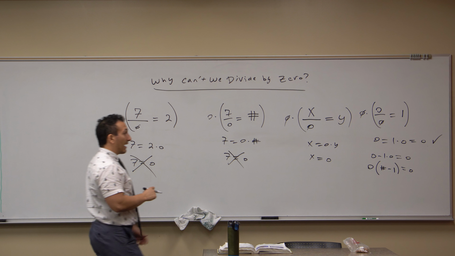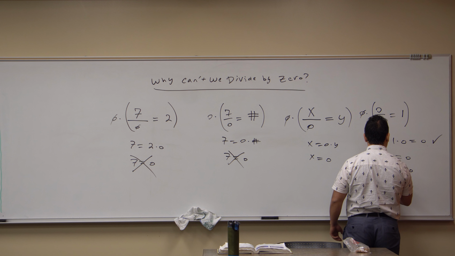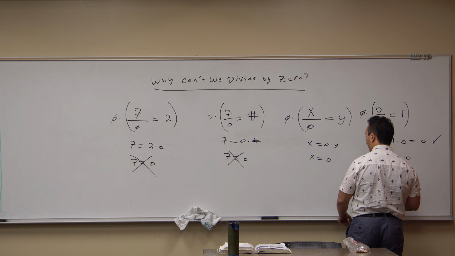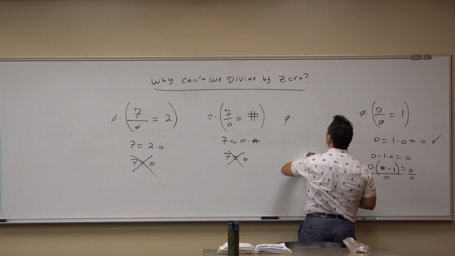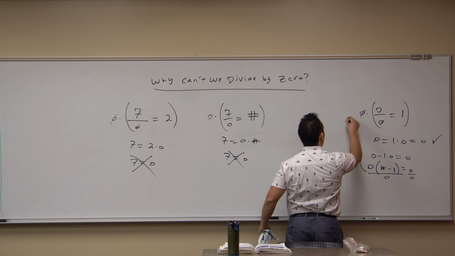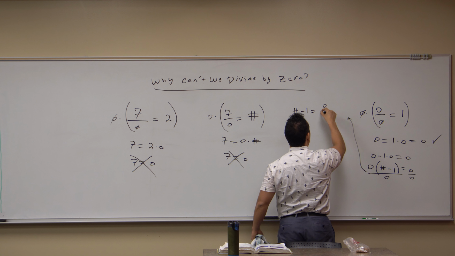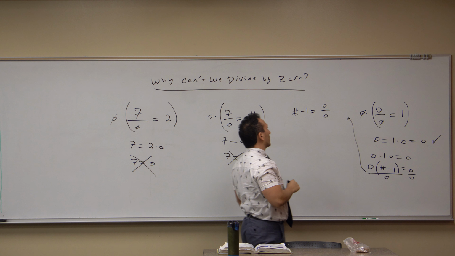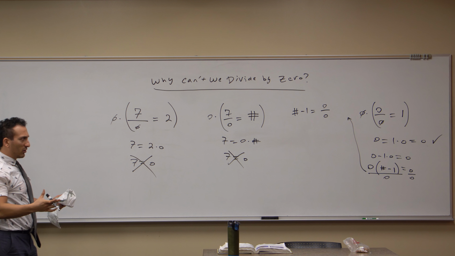But then I have 0 over 0 if I divide both sides by 0. Moving this argument up here, I get any number minus 1 is equal to 0 over 0.